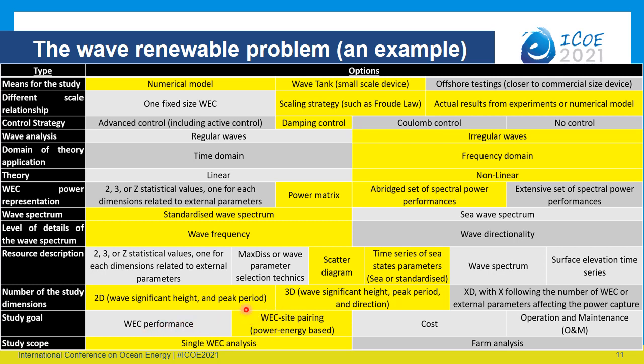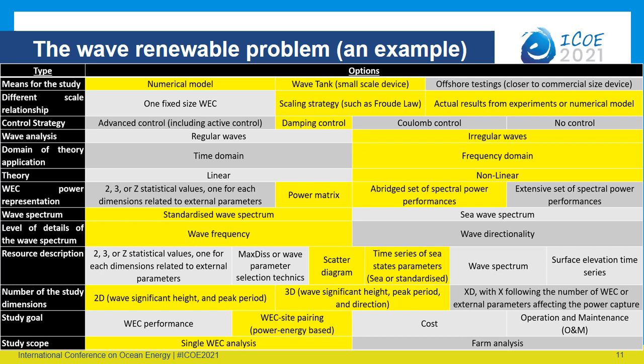We are assessing the use of wave direction in addition to the common use of wave height and period, and we use scatter diagram and time series techniques in order to estimate the energy production. We are also assessing two types of standard wave spectra. And finally, the WEC performance is provided by means of power matrices and numerical analysis.